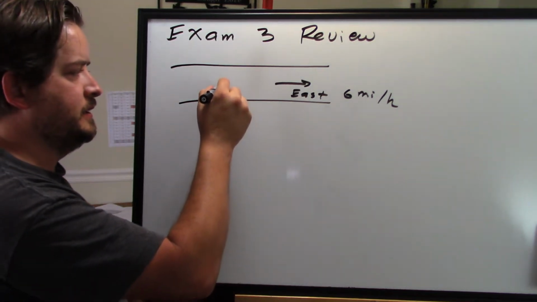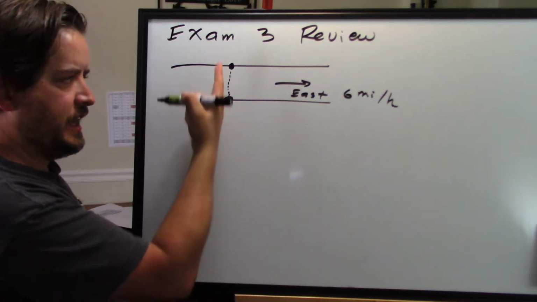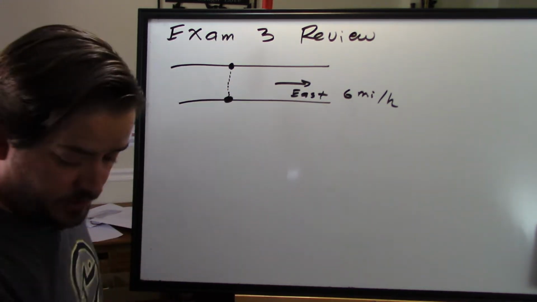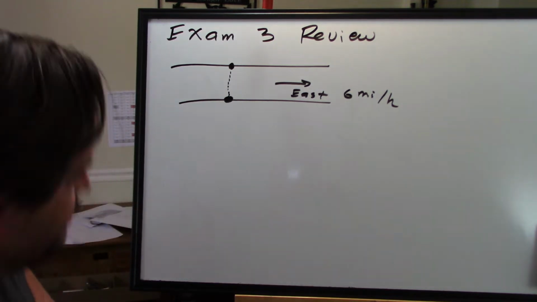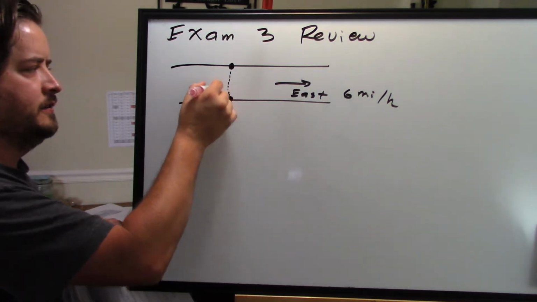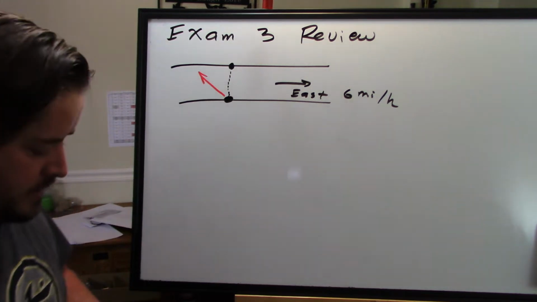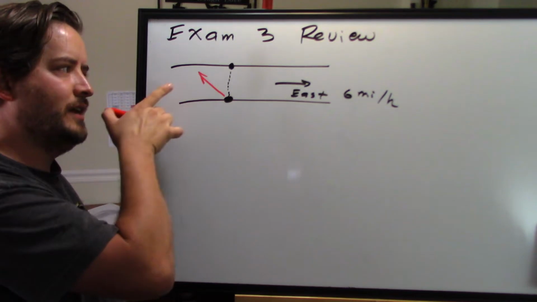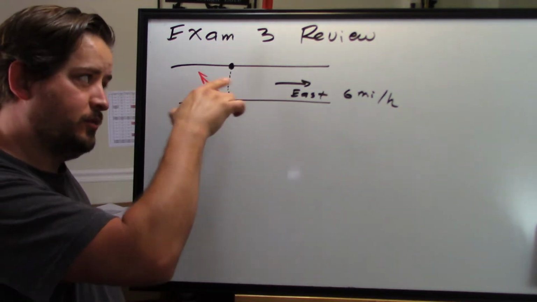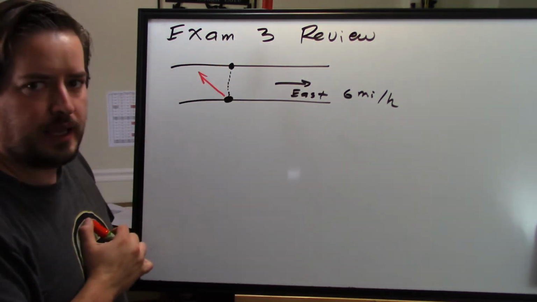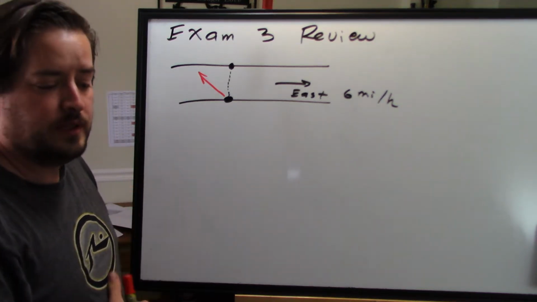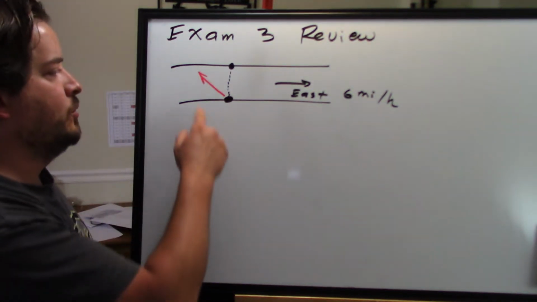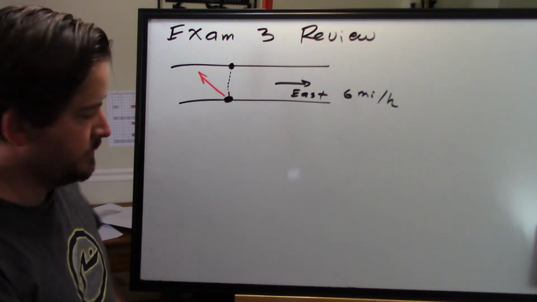So she wants to go here, but if she just aims directly at it, of course, the river's going to push her downstream. So she needs to really angle her boat in this direction, somewhere over there, right? So that the sum of her boat moving through the water and the water moving her boat sums up to a northern direction with no east or west component, right? And then the question is, what angle should she move her boat?